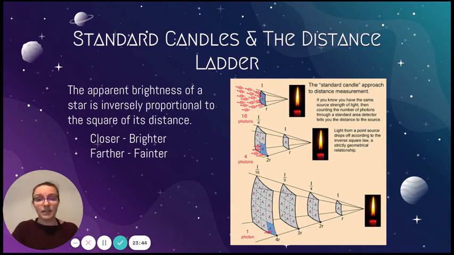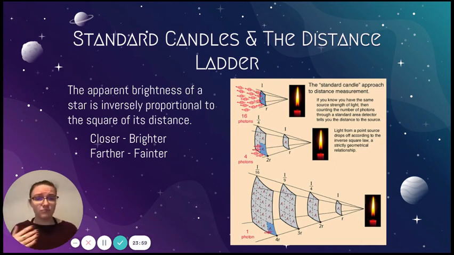Like with this candle here, when I'm really close to the candle, most of the light is hitting this one tiny spot. But the farther away I go, the more time the candle has had to spread that light out and the less bright it seems.